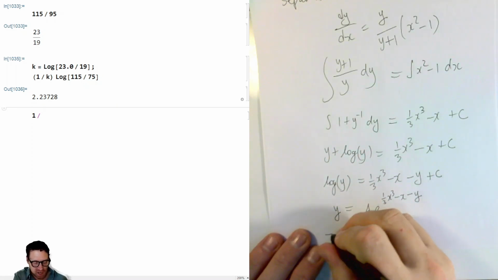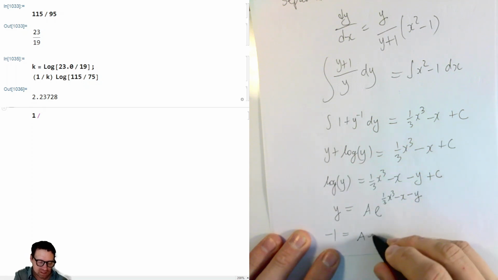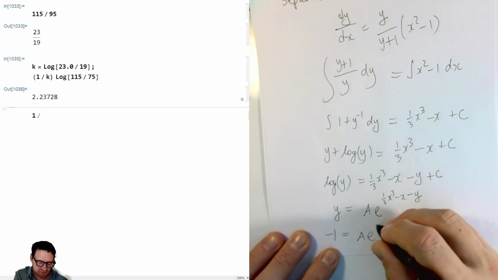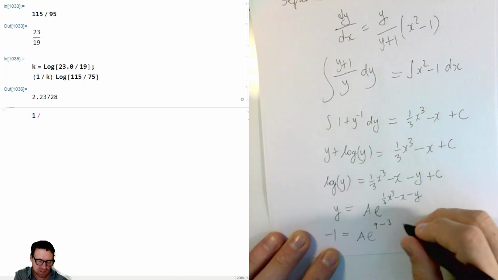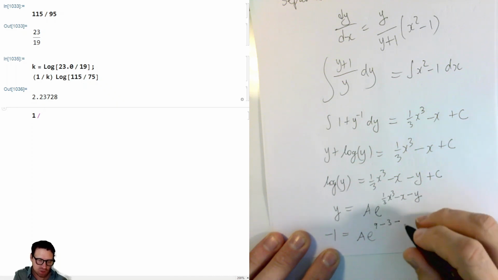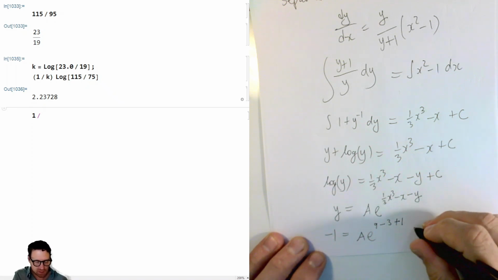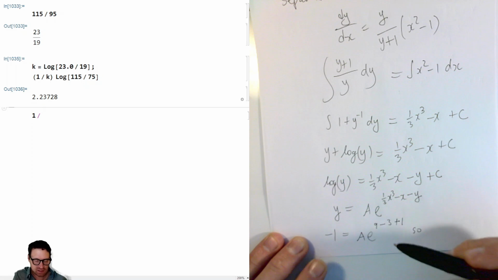Okay, so we've got minus 1 equals a e to the power of 27 over 3 is 9 minus 3 minus 1 is plus 1. And so in the exponent here we have 6 plus 1 is 7.